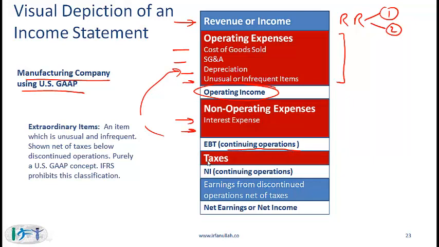Then we subtract taxes and come up with net income from continuing operations. Earnings from discontinued operation net of taxes are then shown after net income from continuing operations, and the details related to this can be found in the footnotes. And finally, we have net earnings or net income for the overall firm.